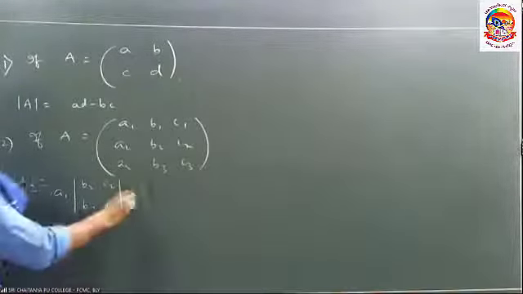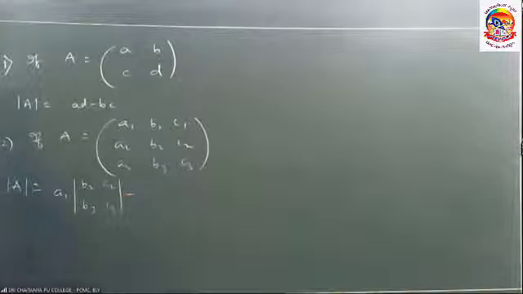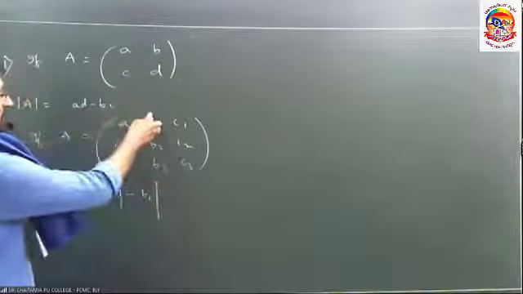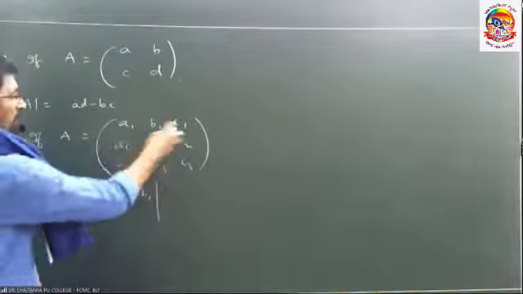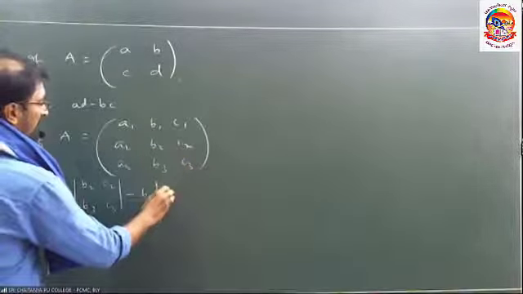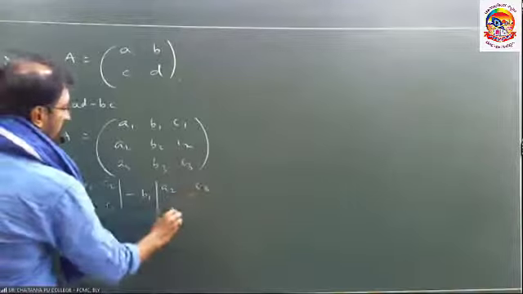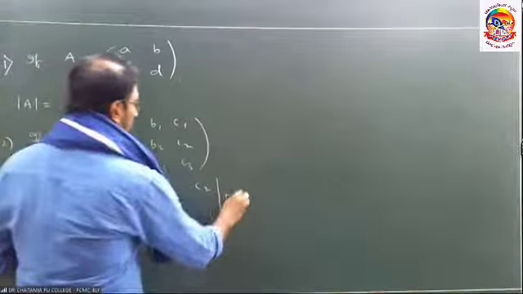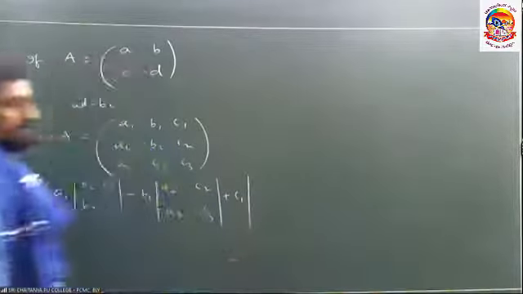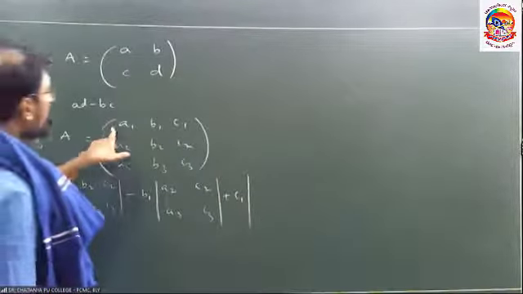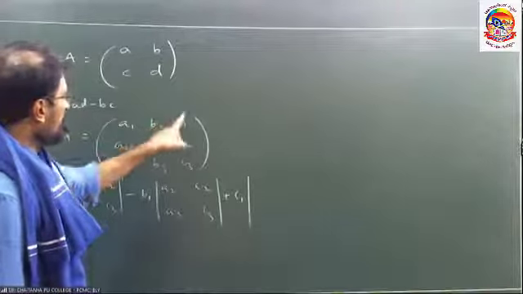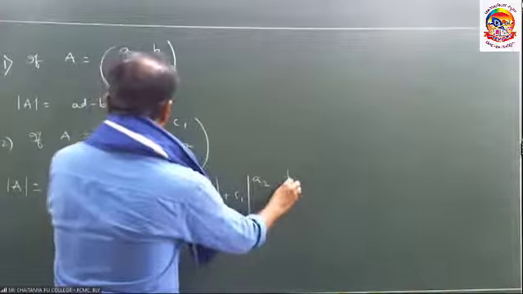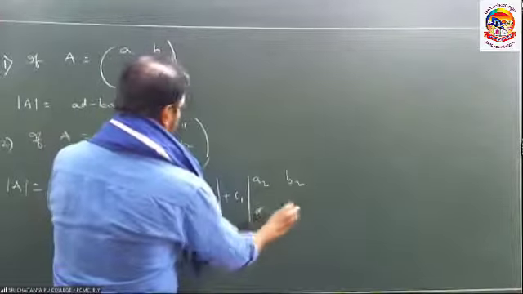Minus b1 into, excluding this column and the concerned row of that element, you are going to get a2, c2, a3, c3. Plus c1 into, excluding this row and this column, you are going to get a2, b2, a3, b3.